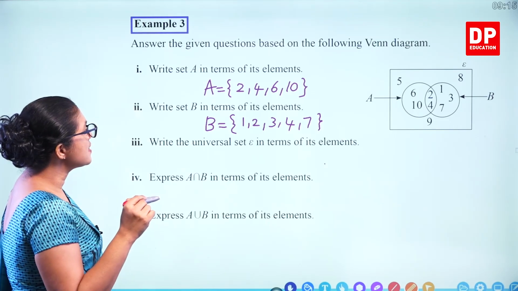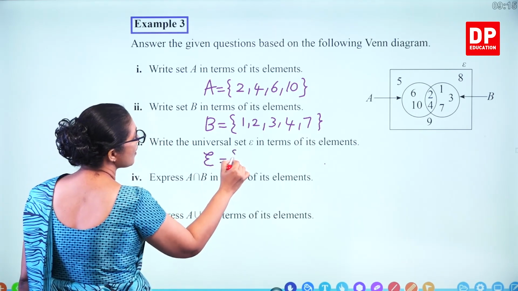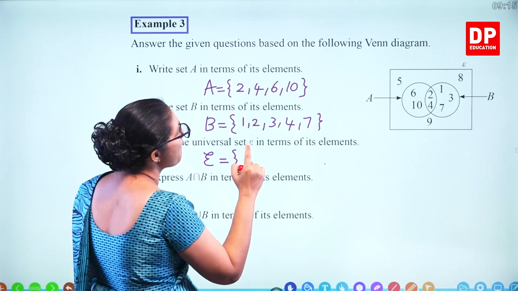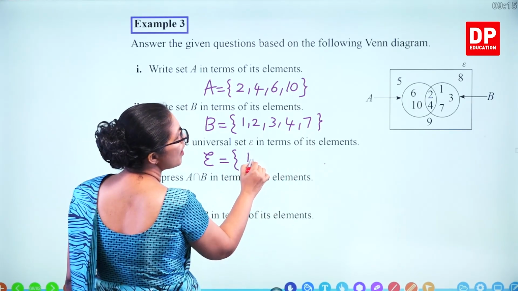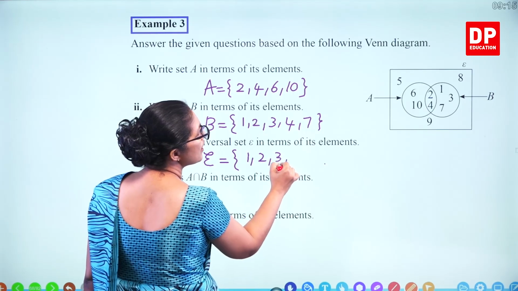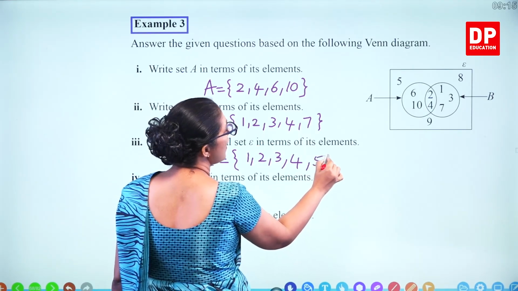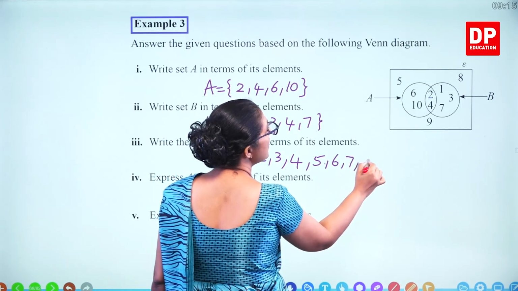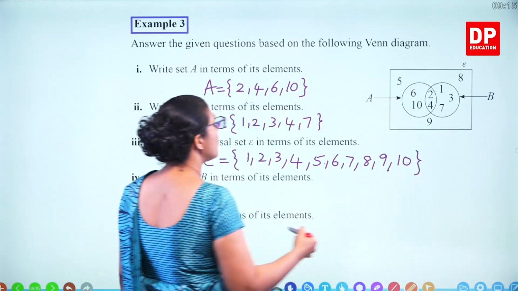Write the universal set in terms of its elements. Universal set, that's everything. 1, 2, 3, 4, 5, 6, 7, 8, 9, 10. Up to 10, all the digits are there.